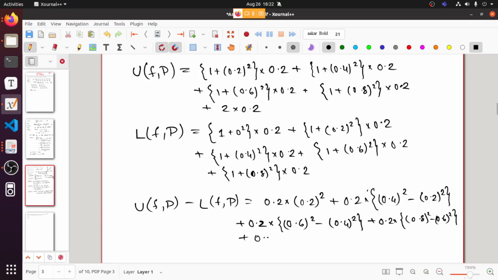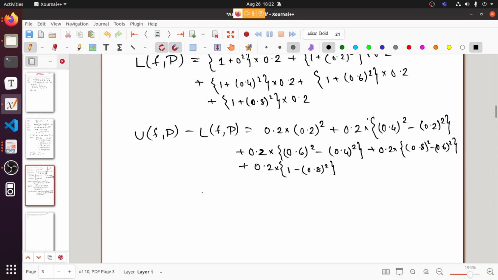Plus 0.2. Next it will be 1 plus 1 minus the LFP's last term, 1 plus 0.8 whole square, right? So this minus this means 1 minus 0.8 whole square, right? Now if you look at this, 0.2 into 0.2 whole square and again 0.2 into 0.2 whole square but with a negative sign, so these all cancel, right?